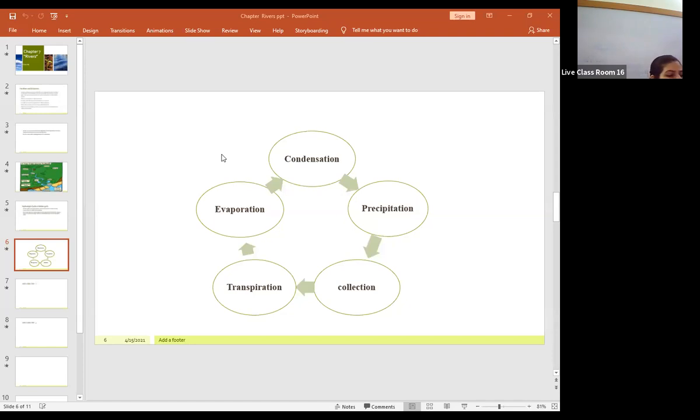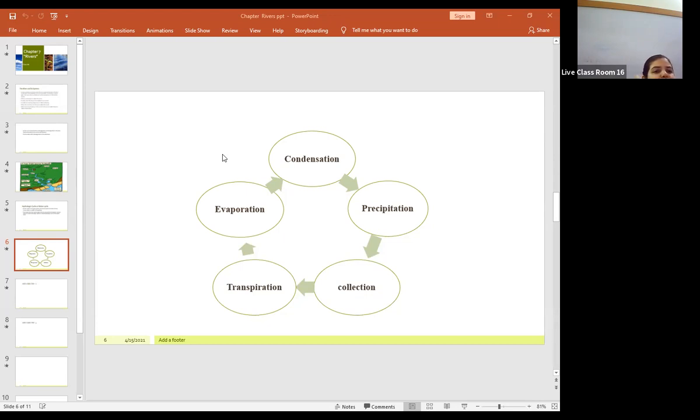Okay, there are plants. The roots of the plants will absorb water in the ground and transfer the water to the leaves. This is the process we call transpiration. When plants absorb water through their roots, that water travels into the stem and goes into the leaves, right?